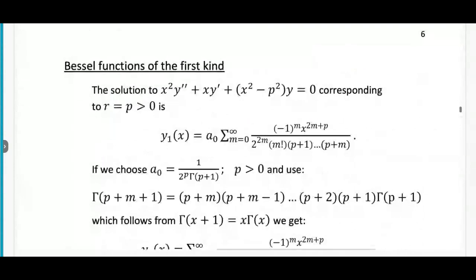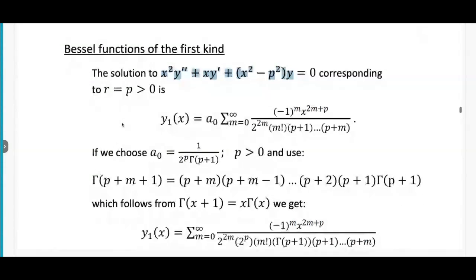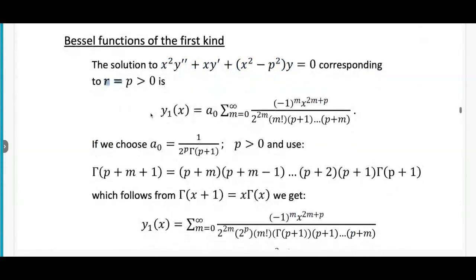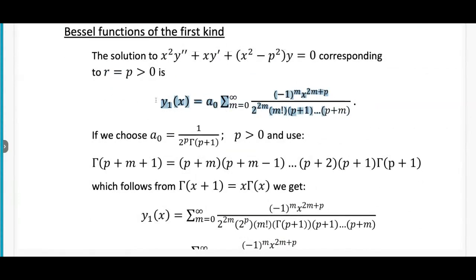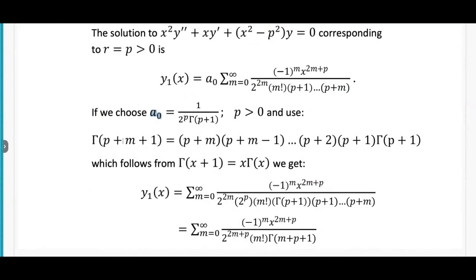All right, Bessel function of the first kind. The solution to this equation corresponding to r equals positive p we have seen earlier. If we choose a naught equals 1 over 2 raised to p times gamma of p plus 1, and use gamma of p plus m plus 1, what's that?